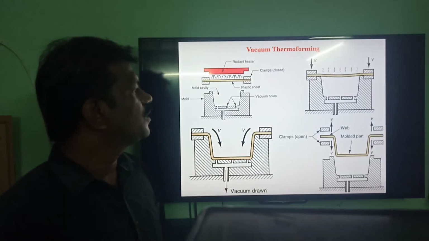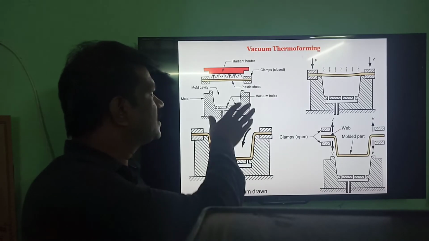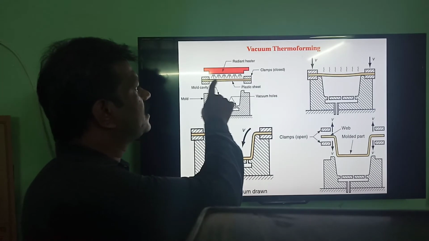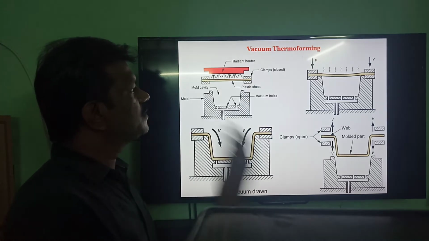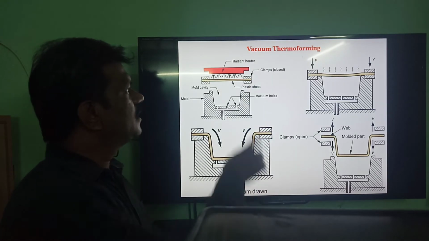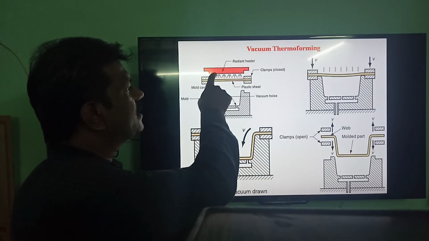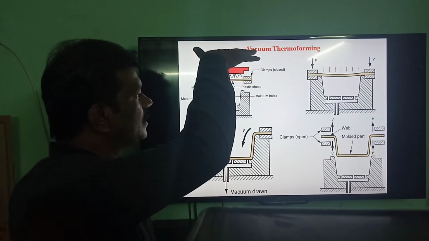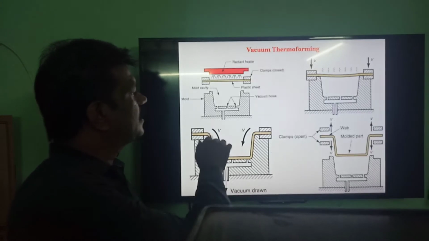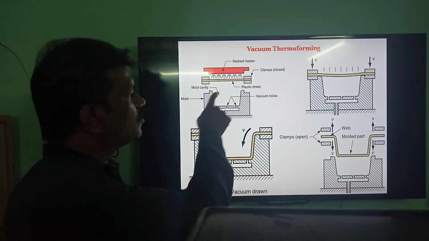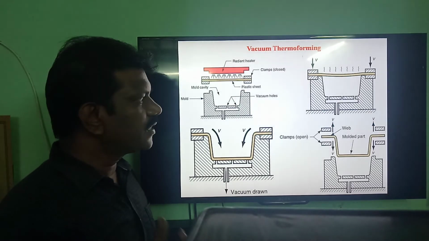This is vacuum forming. Look at this diagram, this is the first stage. This is the sheet, which is manufactured by the sheet forming process. Here there is the radiant heater, by means of which we supply uniform heat to the plastic sheet. Here there is the mold cavity, having a shape similar to the product we require.